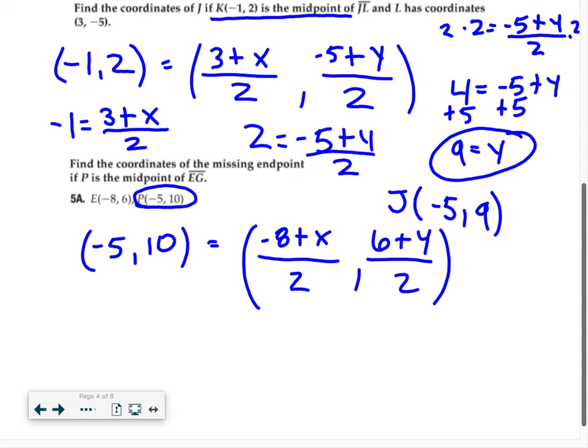And so you set up the equations, see if you can solve them. You should get that the missing endpoint G is at -2, 14. If you struggle with that problem, then you'll probably want to see me tomorrow when we do one of these on the homework. Or maybe suggest that we do one of them on the homework together.